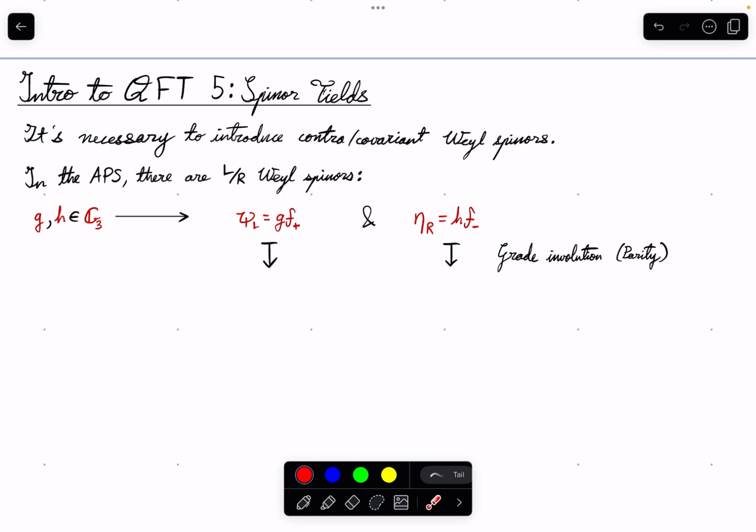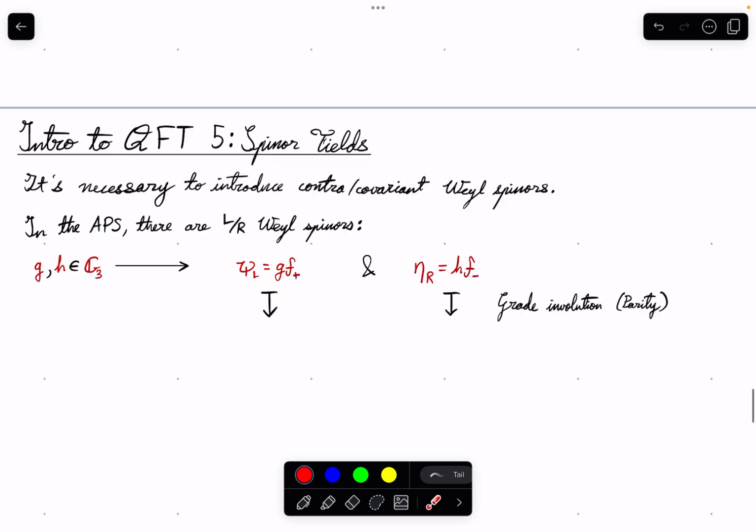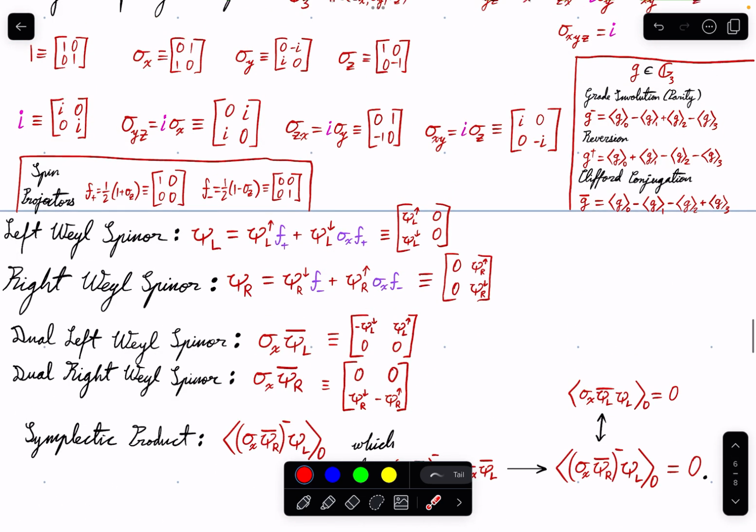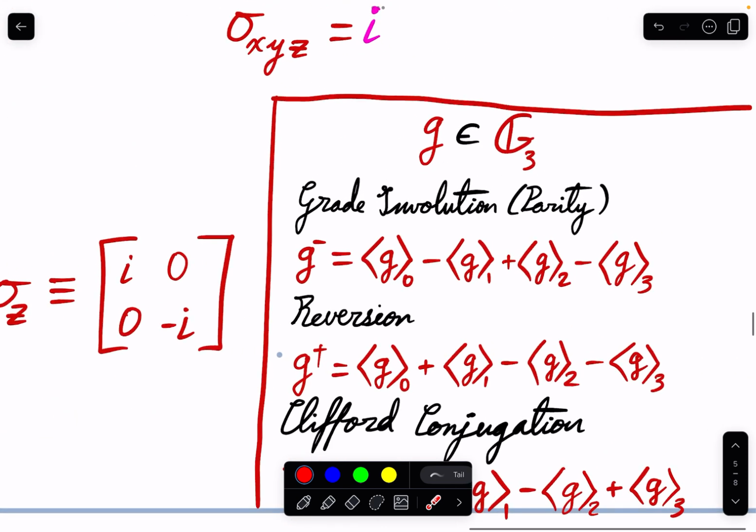Right here, this is grade involution. It negates all vectors and all trivectors, and it's denoted with this little minus superscript.